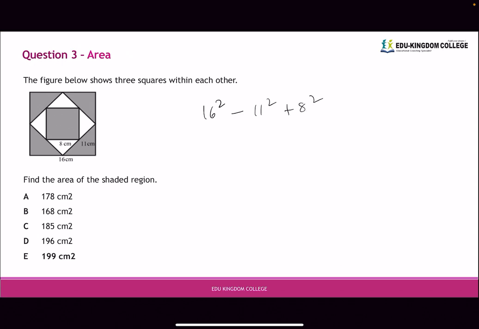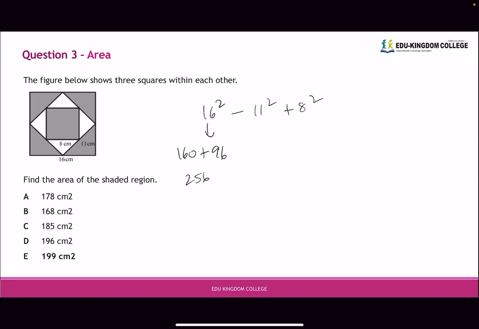So 16 squared, if we use the splitting up method, is 16 times 16, but if you split 16 up, it should be 16 times 10 plus 16 times 6. So 160 plus 96. Okay, so it's going to be 256.